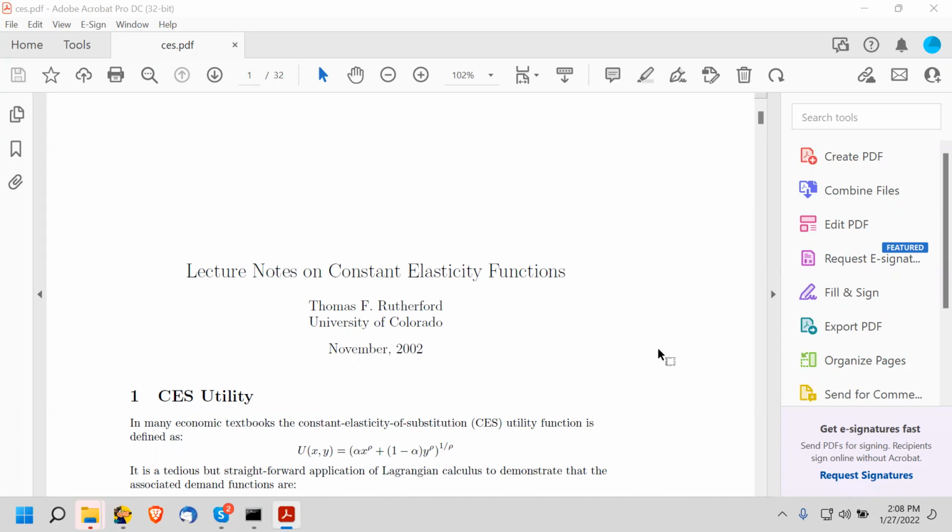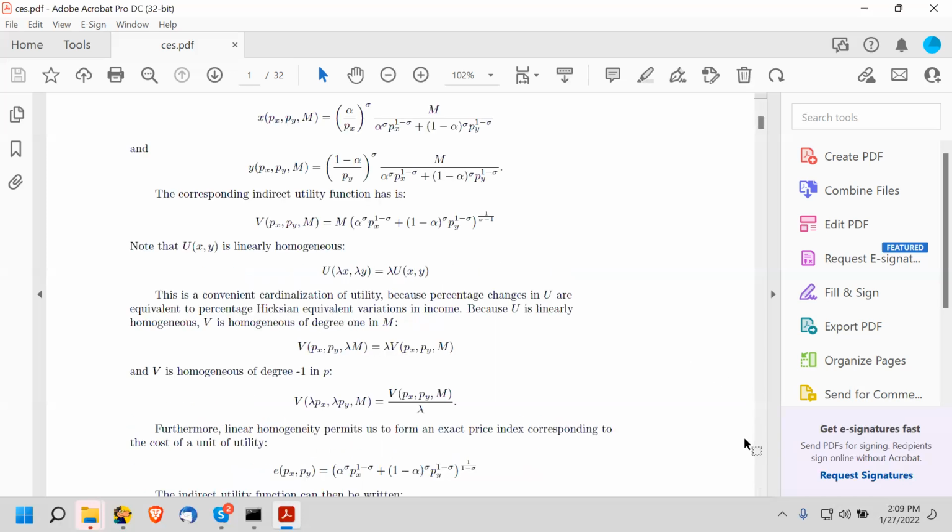But those are not globally regular: they lose monotonicity or convexity. So the CES function we have is nice. This is a paper on those things, and I'm going to draw on a couple of things from it.